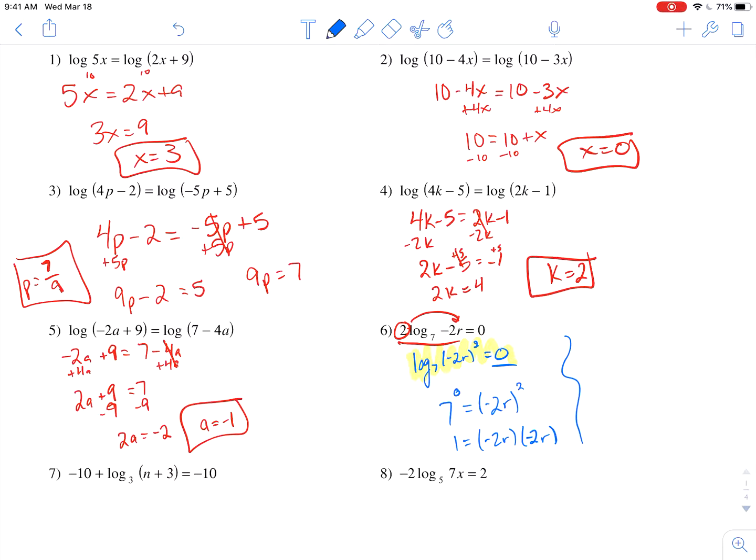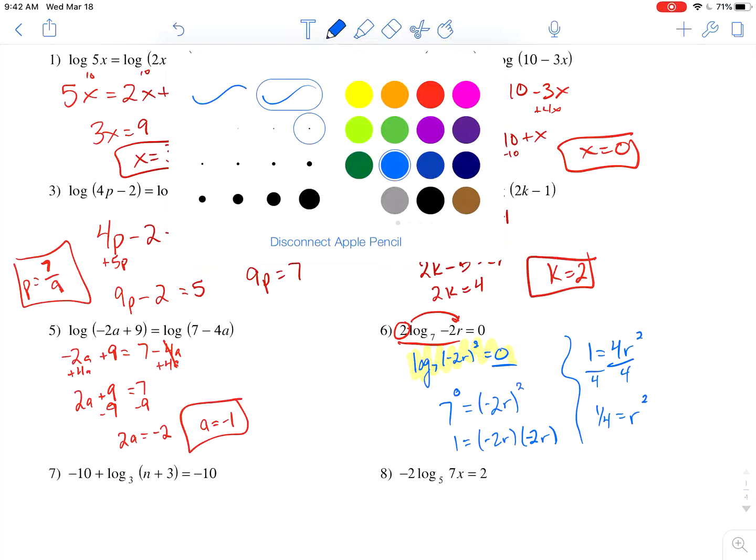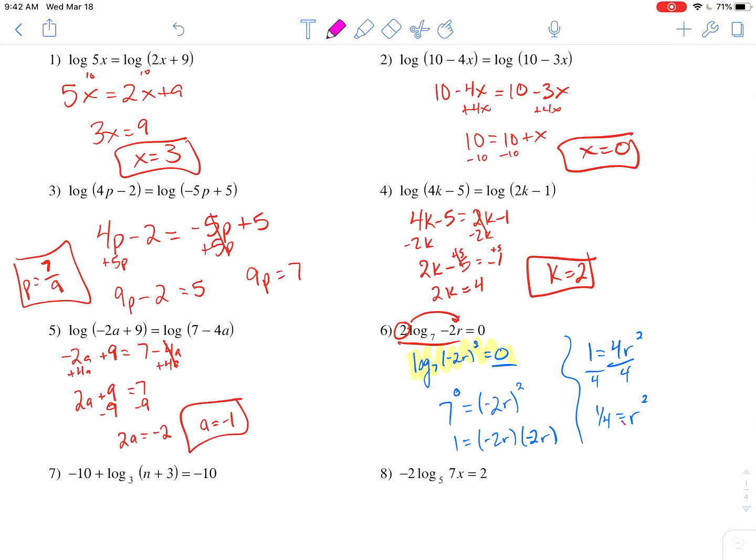So 1 equals 4r squared. How do we get the r's by themselves? Divide by 4. 1/4 equals r squared. And then to get rid of the squared, we can square root, and r is just 1/2.